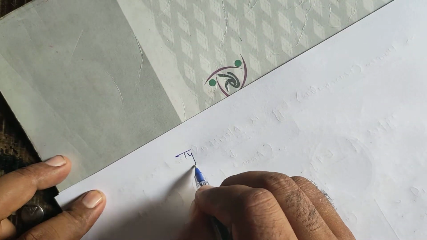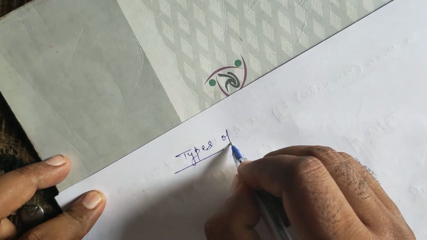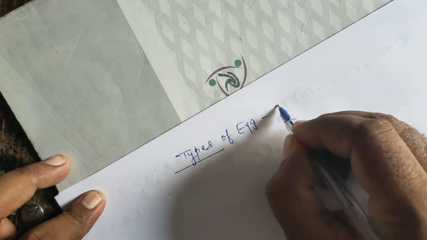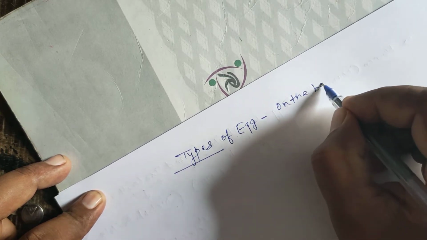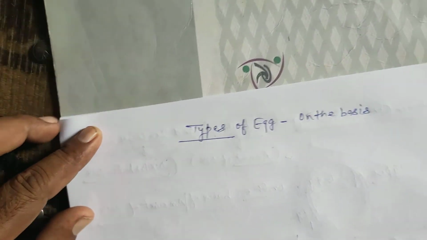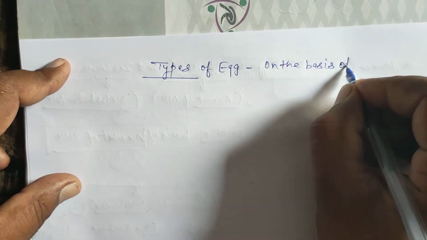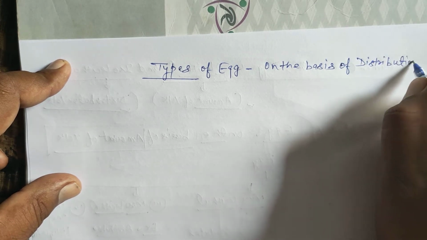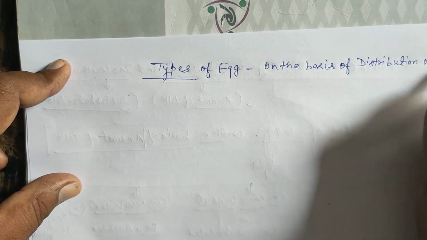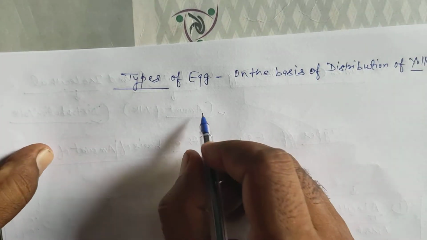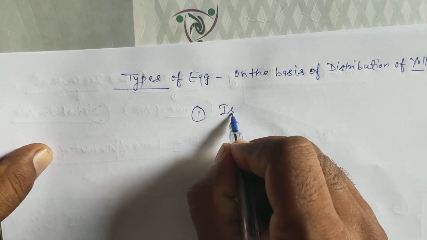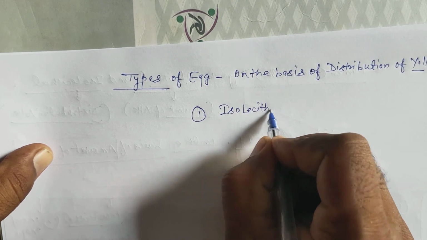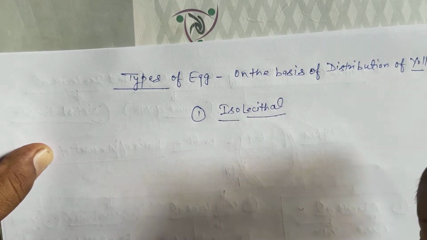Next is types of egg on the basis of distribution of yolk. First is isolecithal. Iso means equal, lecithal means yolk.